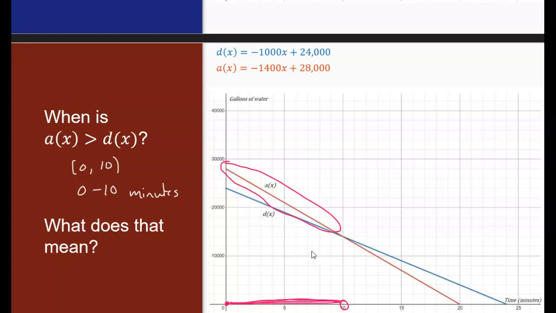So at the beginning, all the way up to 10 minutes, Allie's pool has more water. And then after that, Allie's pool has less water. You can see that on the graph. Allie's function is below Dane's function. So this means Allie's pool has more water for the first 10 minutes.